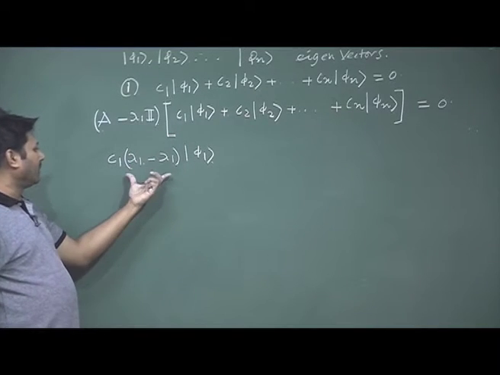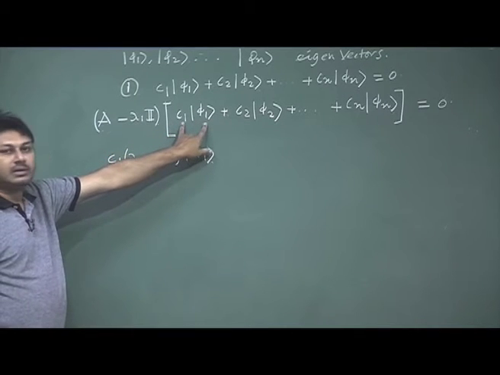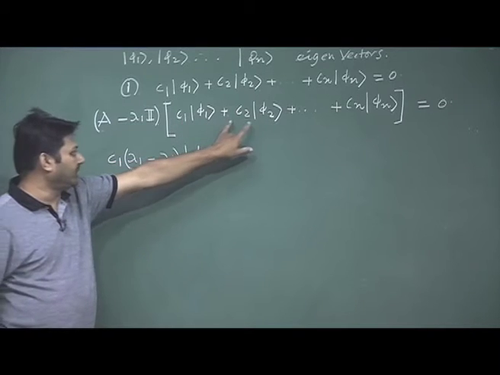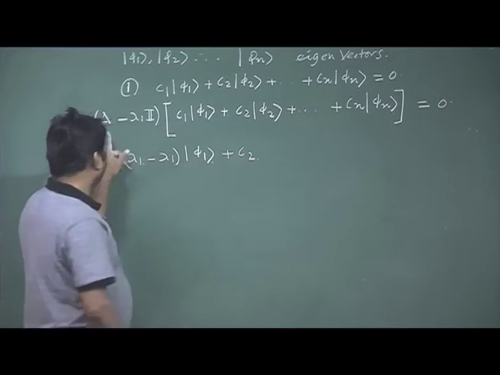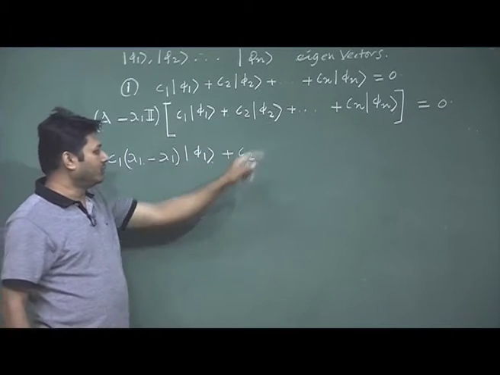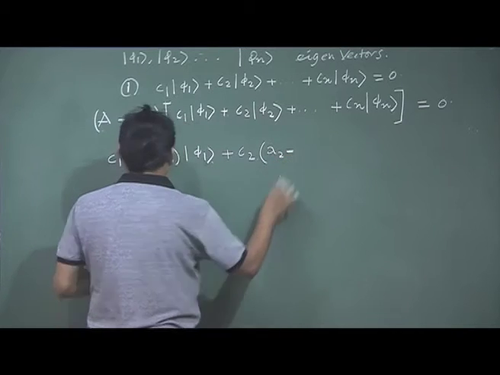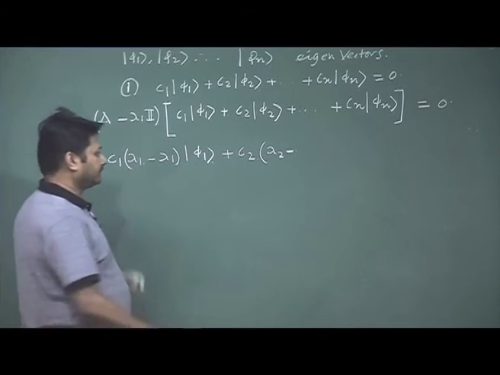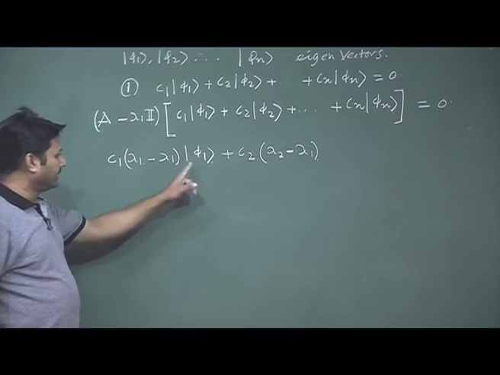So that is my first expression. What will be the second value? The second value will be C2, I operate A over phi 2. So I will have (lambda 2 minus lambda 1) phi 2.